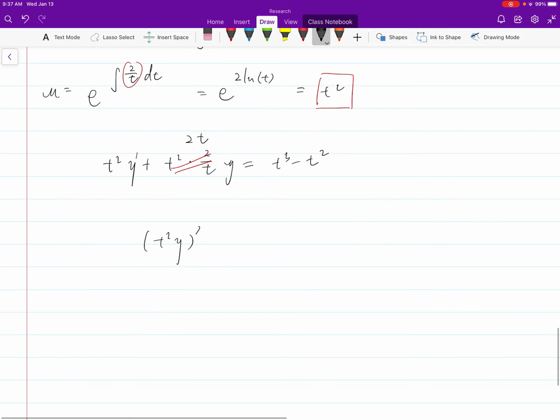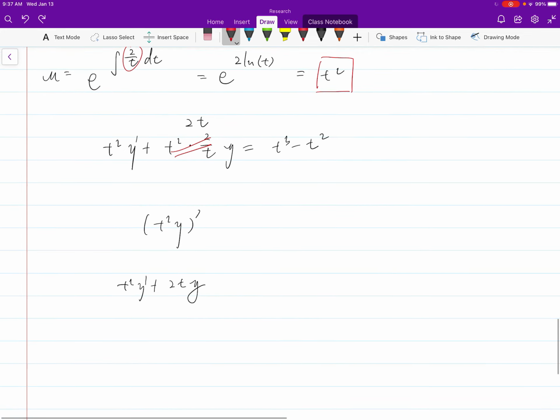To check your work, you simply take the derivative. You have t squared y prime plus 2t, which is the derivative of t squared, times y. So magically, after you multiply the integrating factor, this one becomes the derivative of this one, so you have a perfect product rule. But of course, we know this is not magic.